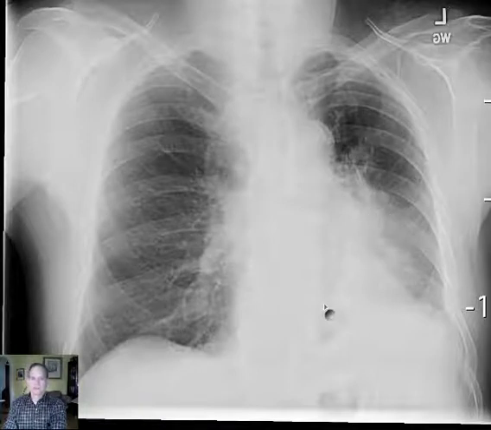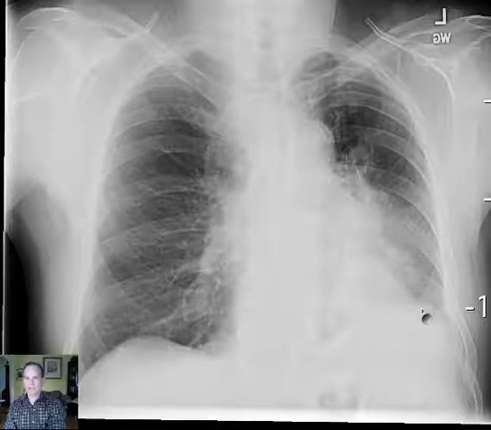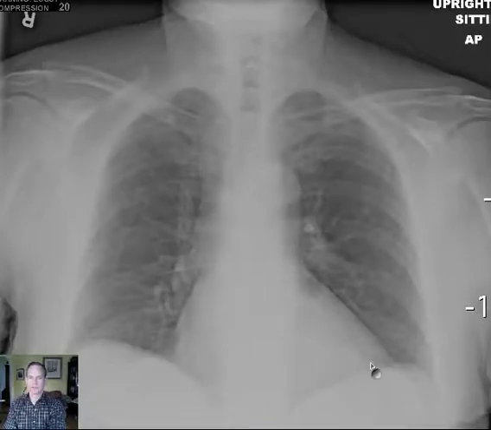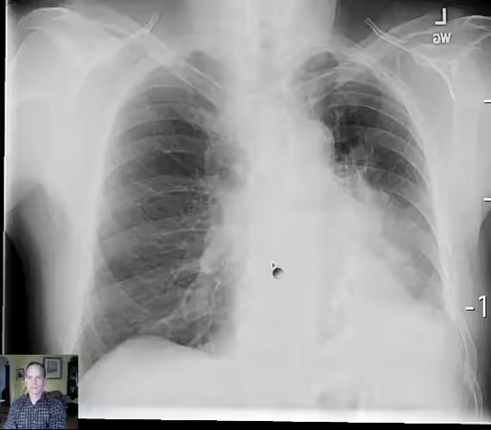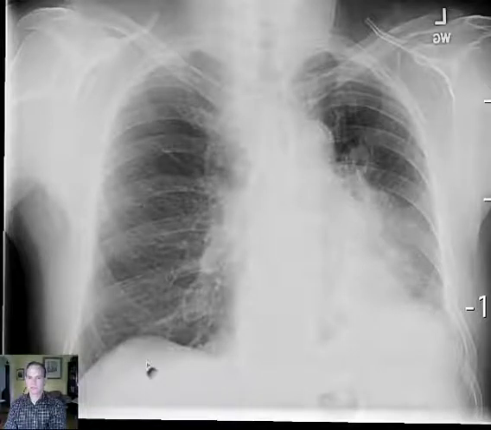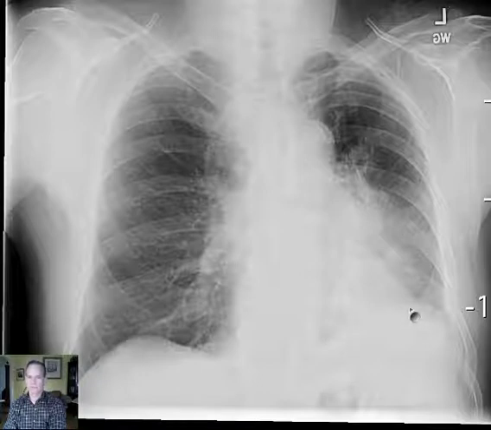And you have some opacity in the retrocardiac area, so that hemidiaphragm, which was really quite well seen here, nice sharp margin, is partially silhouetted. You see that. Here you have a nice line, here you have a nice continuity of the diaphragm. Here it's broken up by this opacity here.